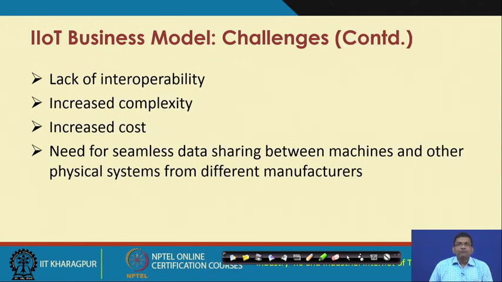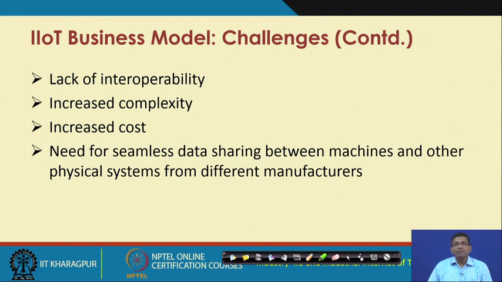In terms of other challenges, lack of interoperability is important, increased complexity is quite obvious, increased cost, and the need for seamless data sharing between the machines and other physical systems from different manufacturers, because different vendors are providing different machines that have been developed in isolation, right.